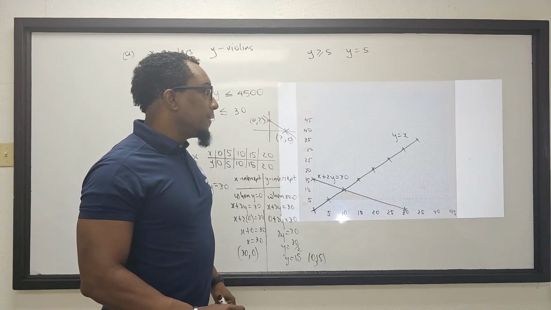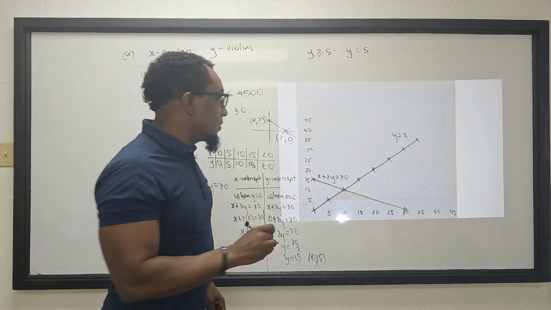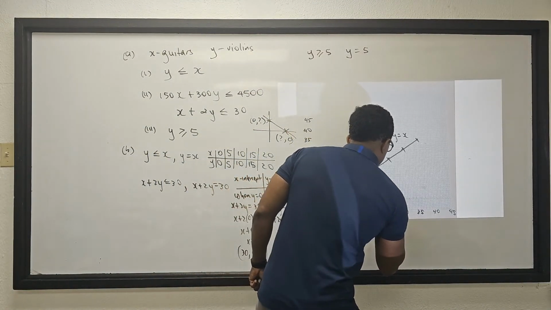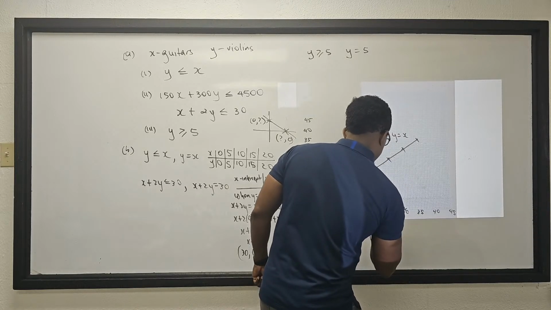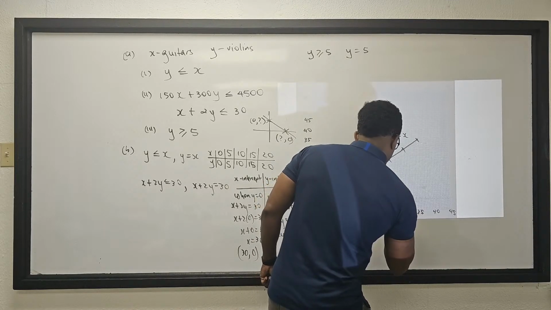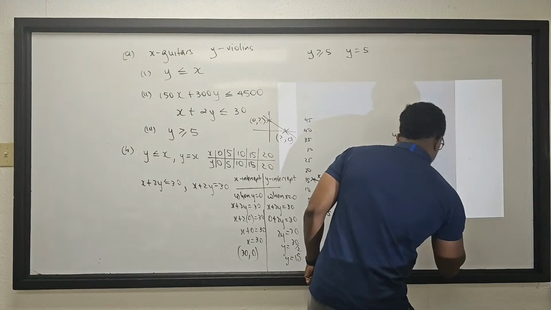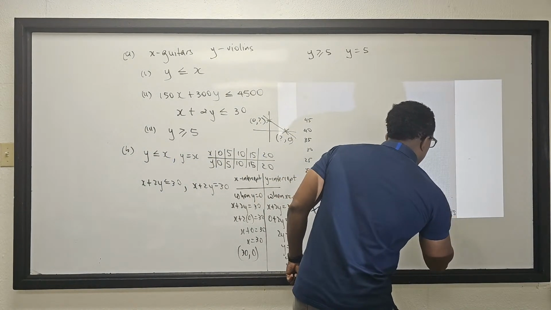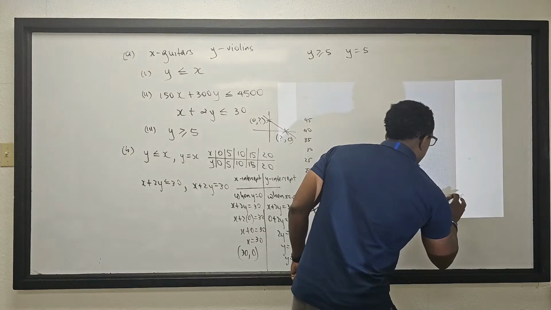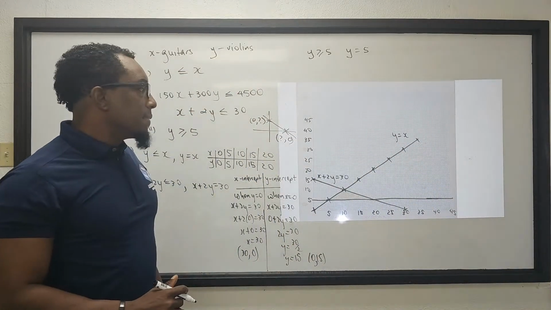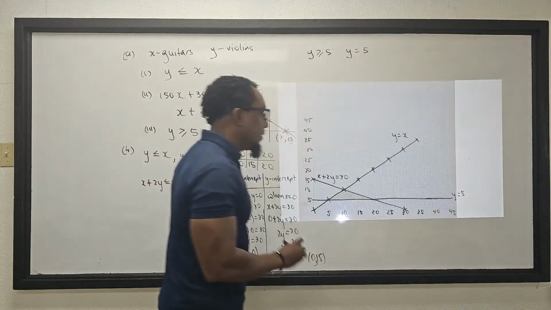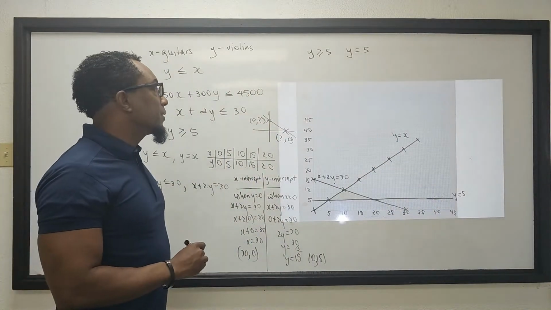So y equal to 5 will simply be a horizontal line passing through 5 on the y-axis. So this is my line y equal to 5, which is a horizontal line passing through 5.